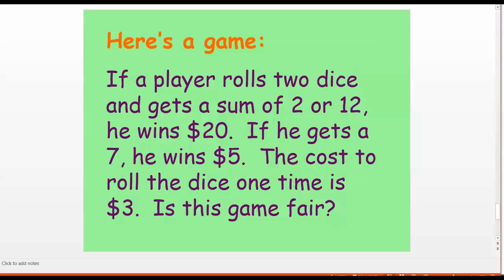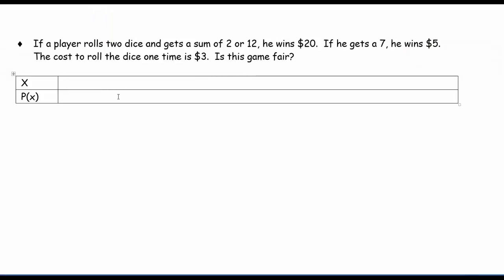Okay, so we're going to set up a probability distribution over this scenario that they're describing for us, and then we'll calculate the mean on it and see whether or not we think this game is fair. So let me get that set up. Let's talk about what things could happen.